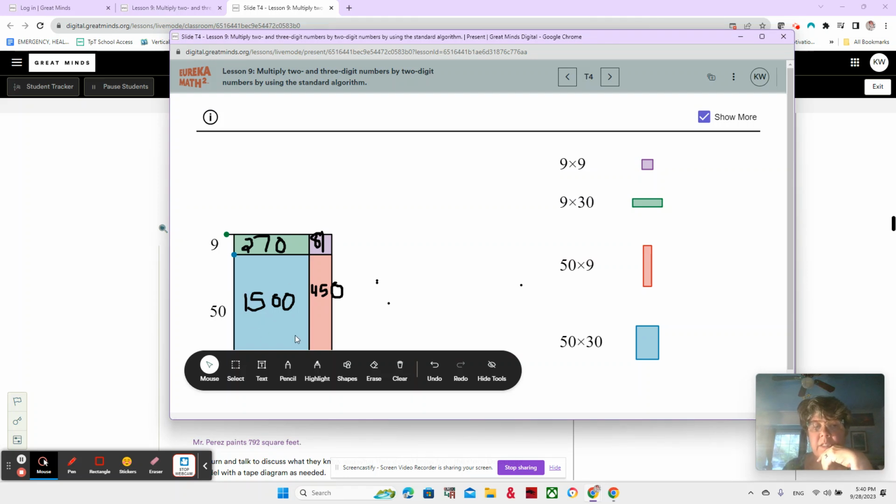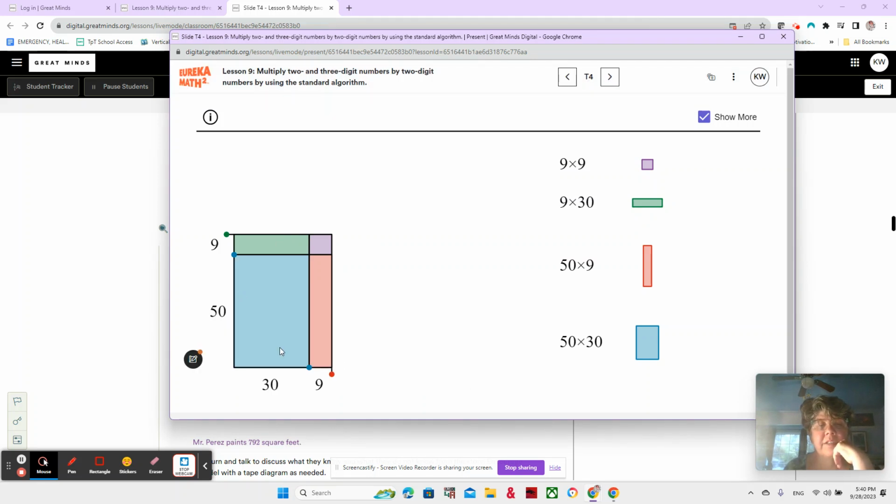If you were painting this part of the wall, the green, it would be 270 square feet of green. Here would be only 81 square feet of purple because it's smaller. Each section is breaking it apart, so you can see each section.